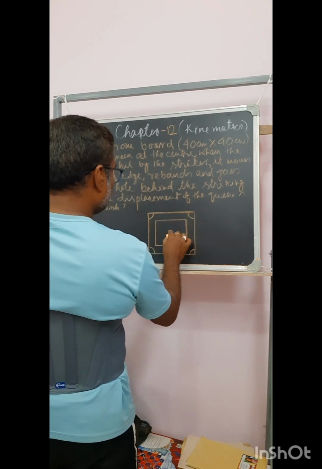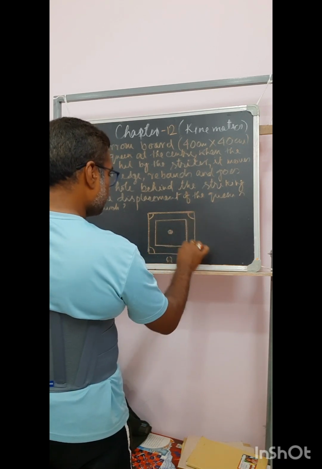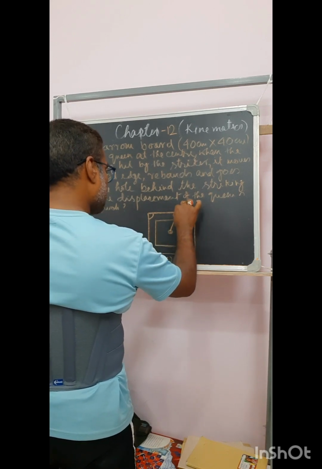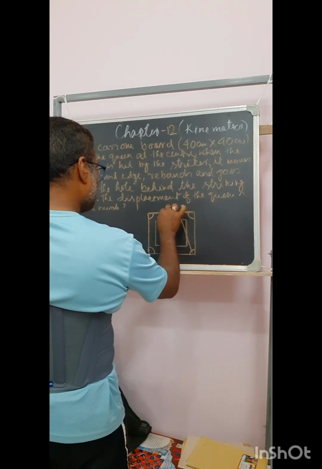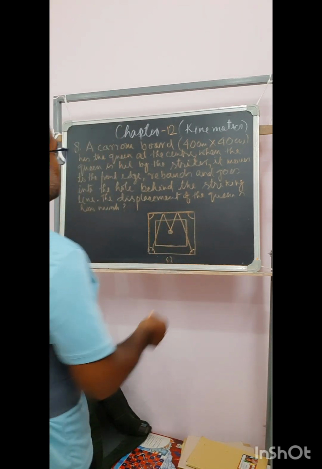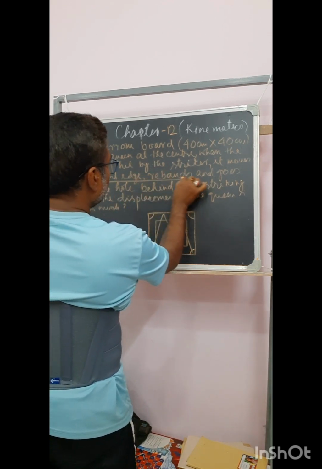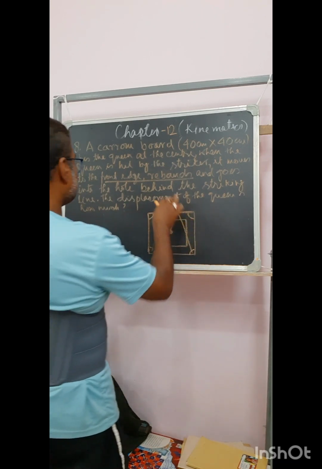So when it strikes, it may hit this way and move this way or this way, so I can show the path by which it may move. These could be the two possibilities. If it rebounds, as already stated, it rebounds on the front edge and goes into the hole behind the striker's line.